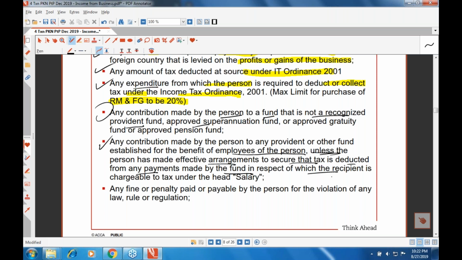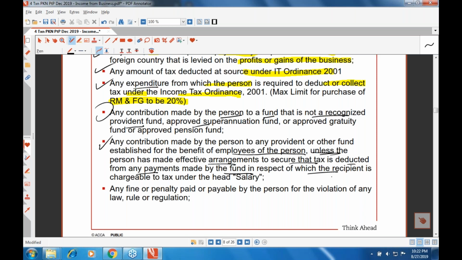We did discuss in the income from salary that, if you are part of a company and the company is giving you a post-employment benefit, and the post-employment benefit fund is not recognized, then whatever amount you receive from that fund is taxable. For example, the company has established the fund and the fund is not recognized.